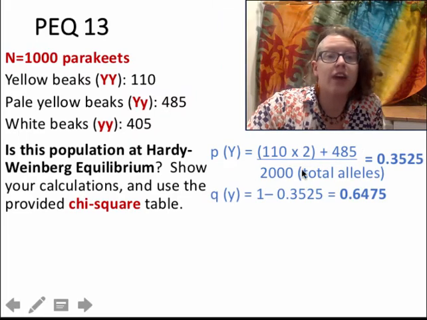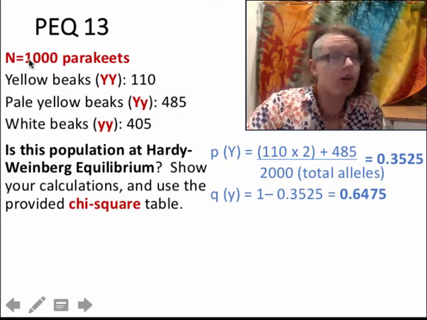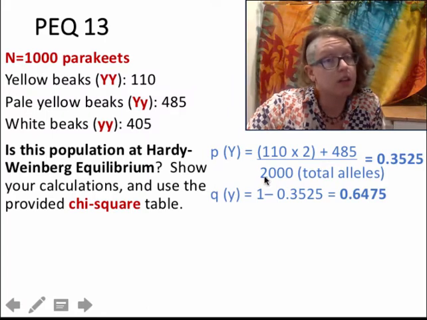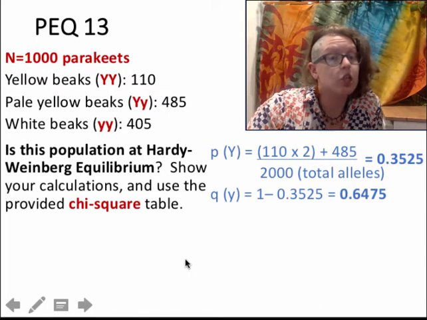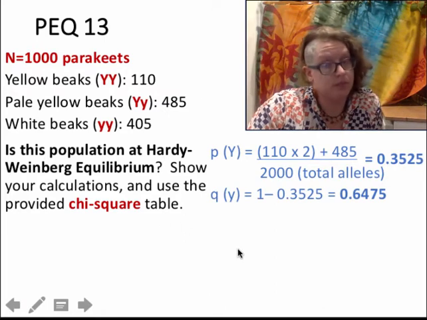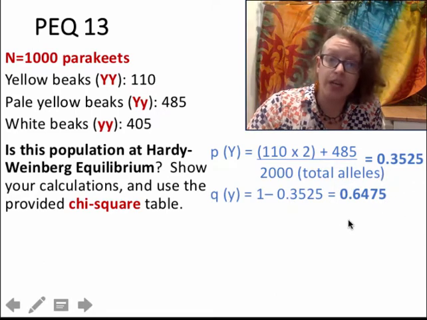Then we're going to divide that by the total alleles. There are 1,000 individuals, each of which are diploid, so they all have 2 alleles. So we divide by the total alleles, and this is what we get. We only have 2 alleles, so 1 minus that is this. So that's our P and Q.